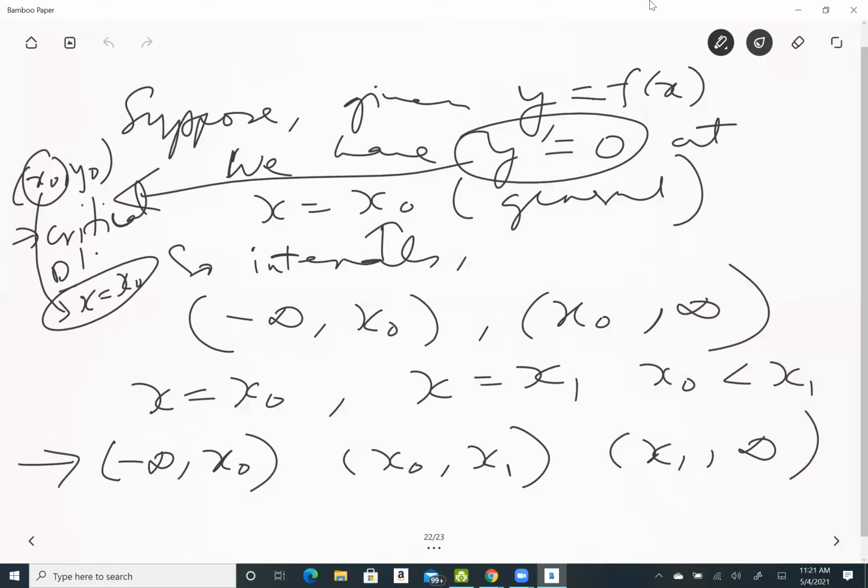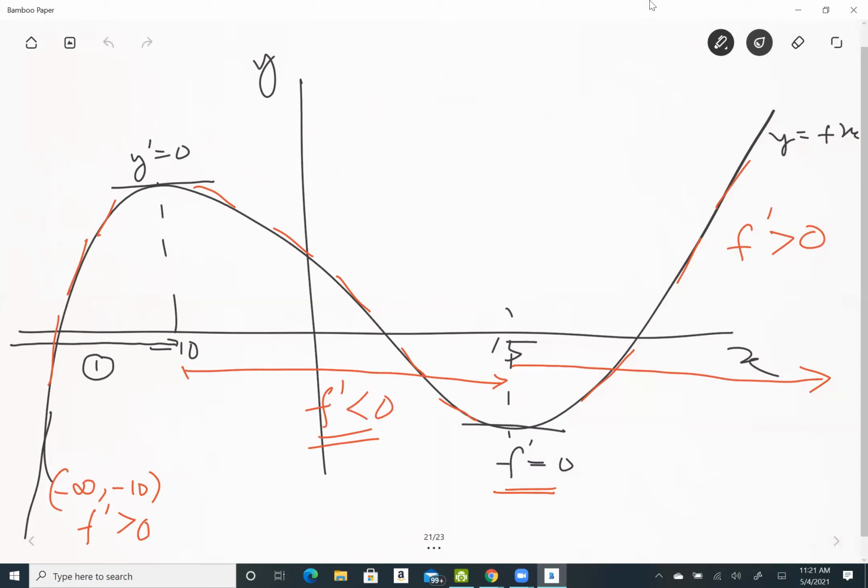Look at the graph. I'll give you this one first. Let's say at x equal to x1, at this point, x1 here is 0. Suppose this is 5.